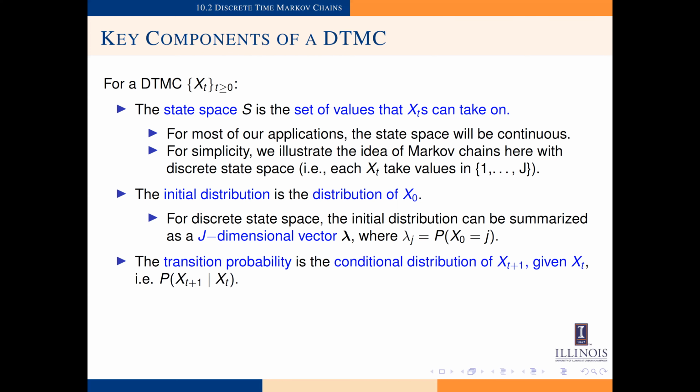The last thing is a transition probability, and that is the conditional distribution of Xt+1 given Xt. So that is this probability over here.